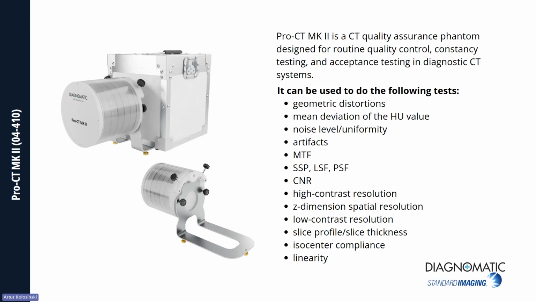So we can make the following tests: geometry, deviation of the HU value, noise level and uniformity, artifacts, MTF, SSP, LSF, PSF, CNR, high contrast, the Z-dimensional spatial resolution, low contrast, slice profile, slice thickness, isocenter, compliance, and linearity.